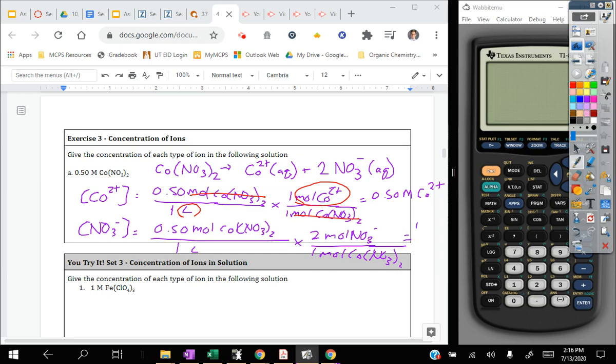When we do this, we end up with 1.0 molar NO3 minus as your concentration, because 0.5 times 2 is equal to 1. Here you see that the units still cancel, moles of cobalt nitrate, and we're left with our moles of nitrate per liter as our unit.